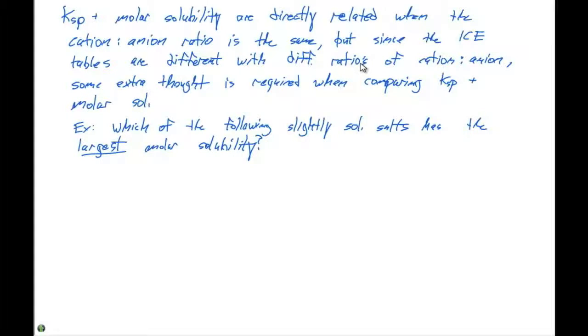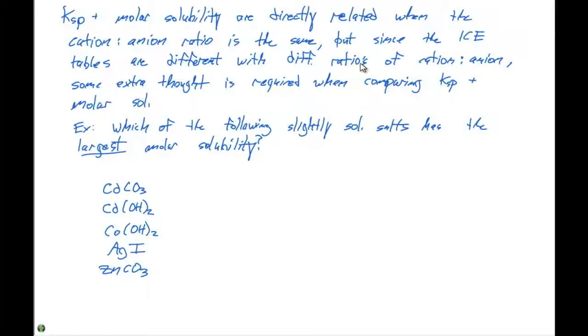And we're going to compare 5 of them. The 5 salts that we're going to look at are cadmium carbonate, cadmium hydroxide, cobalt hydroxide, silver iodide, and zinc carbonate.